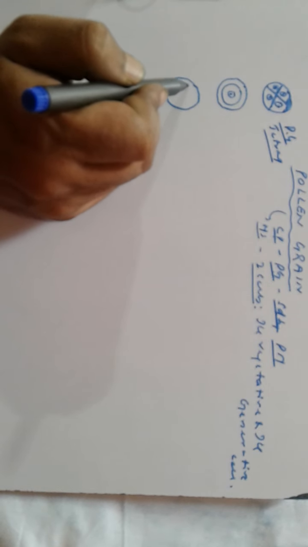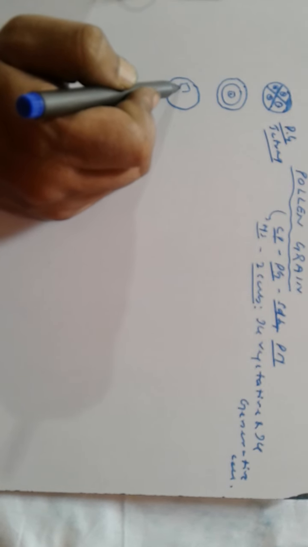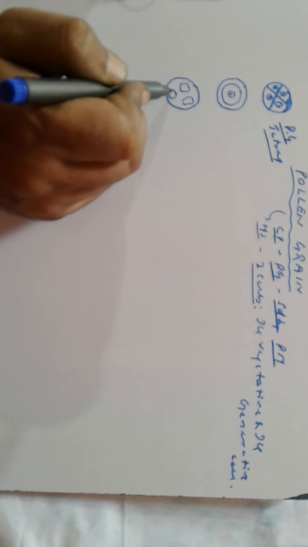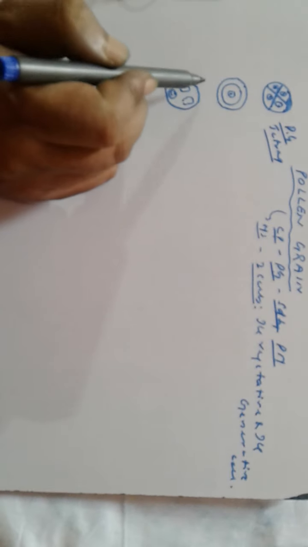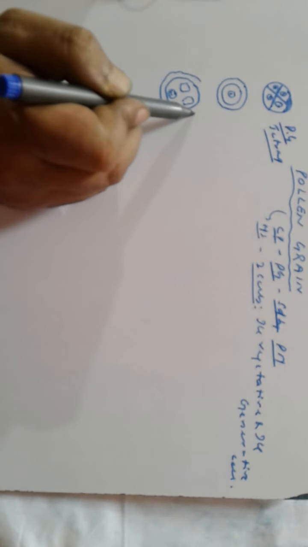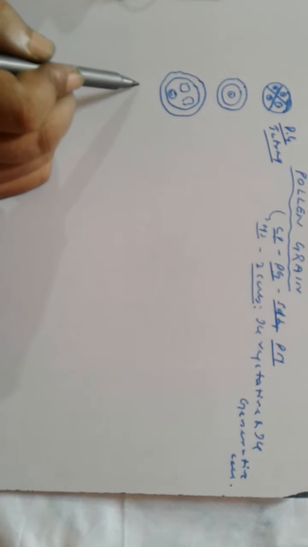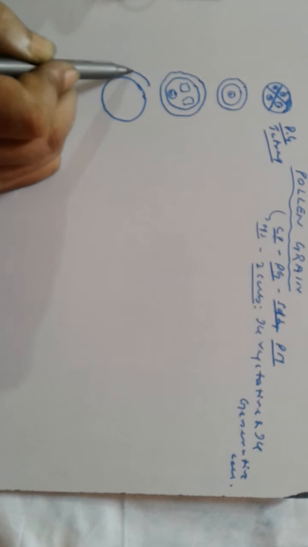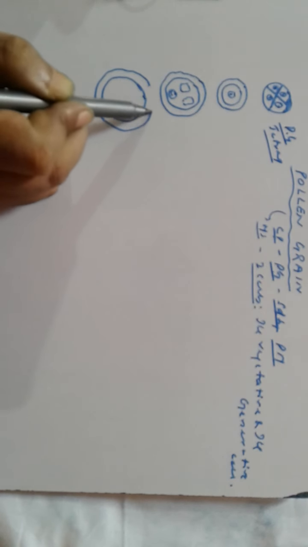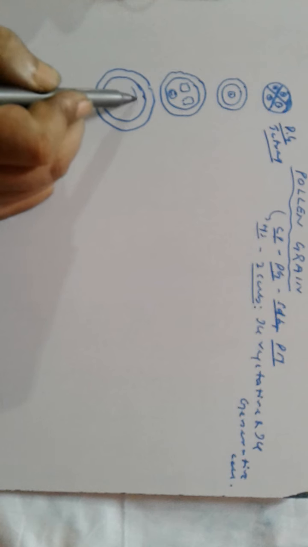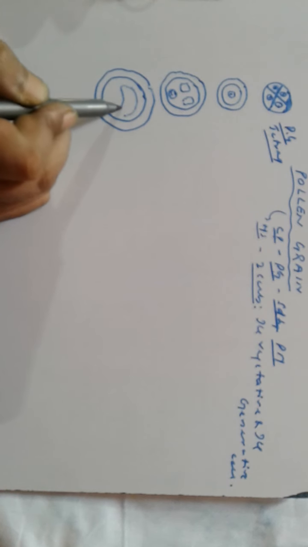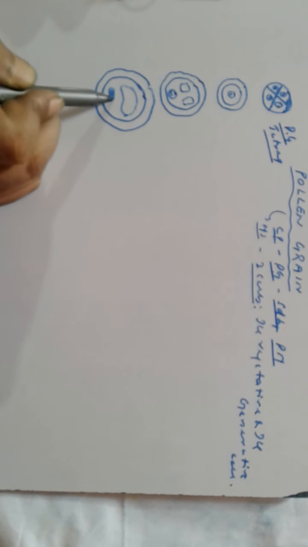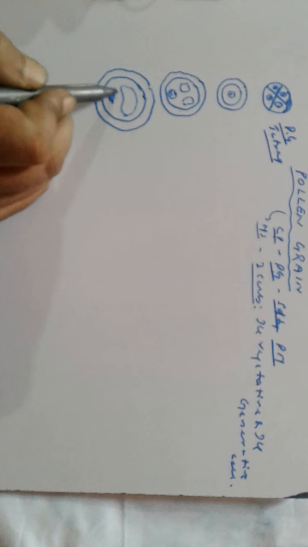Now what happens? Two vacuoles have developed here and the nucleus goes here. Now the shape becomes like this and spindle fibers begin to appear.